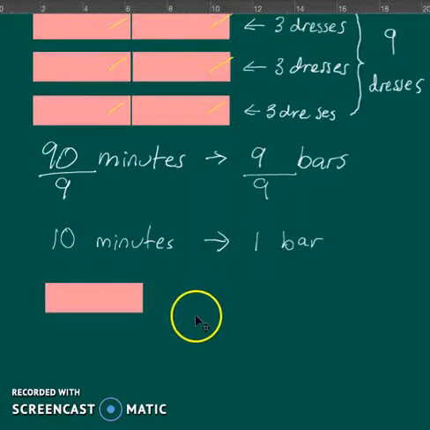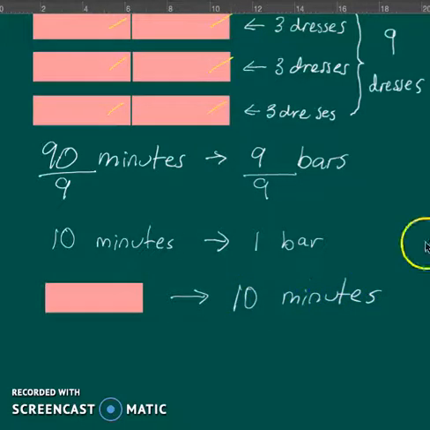So 1 bar represents 10 minutes. But in terms of shirts, we also know that each bar represents the amount of time that it takes to make 5 shirts. So there are 5 shirts in each one of these bars.